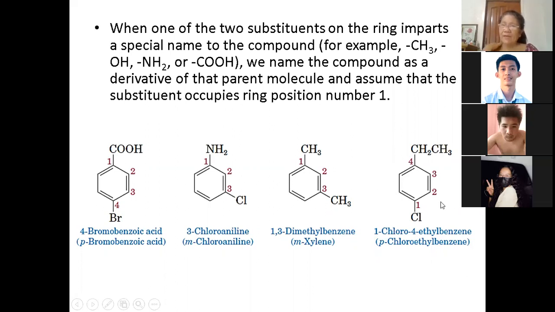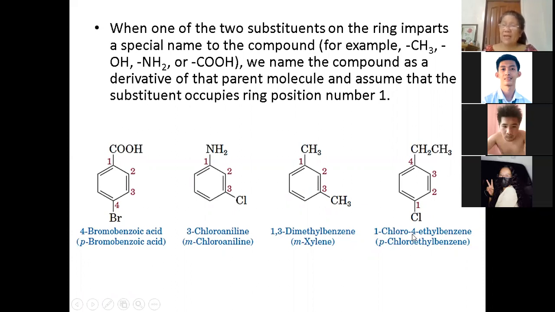Here, your parent name is ethylbenzene. Okay, so how are you going to name it? This is wrong. I told you, the parent is number 1. This is 1, then 1, 2, 3, 4. It should be 4-chloro.